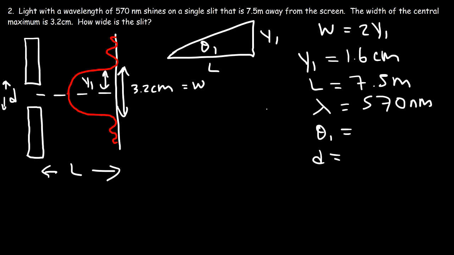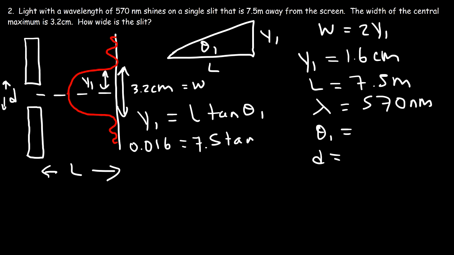So let's calculate the angle first. So let's use this equation. y1 is equal to L tangent theta 1. So y1 is 1.6 centimeters, which is 0.016 meters. L is 7.5 meters. And so 0.016 divided by 7.5, that's equal to 0.00213, 3 repeating.